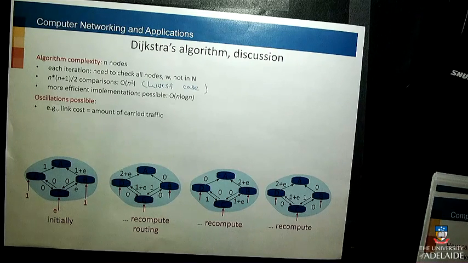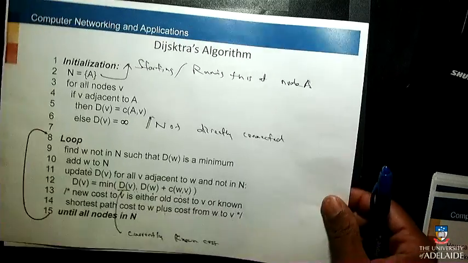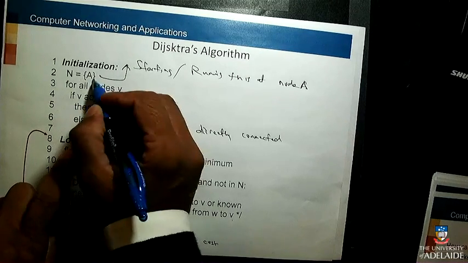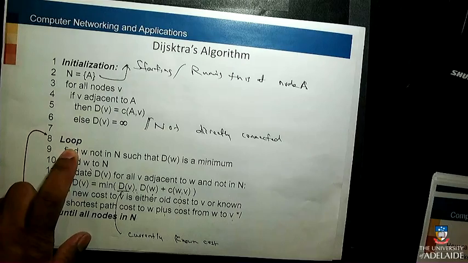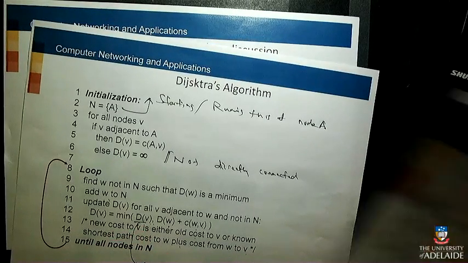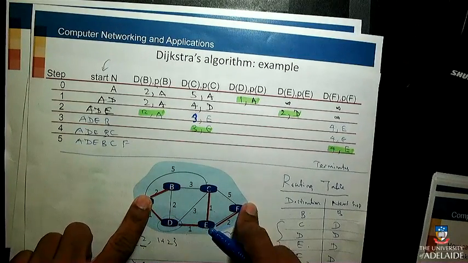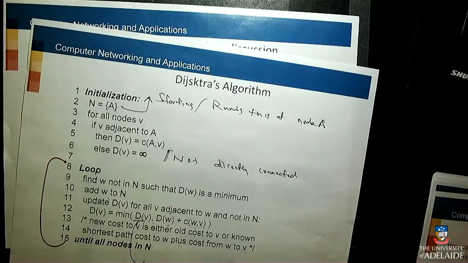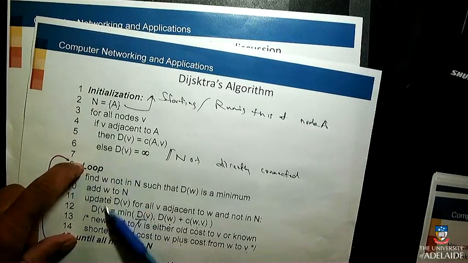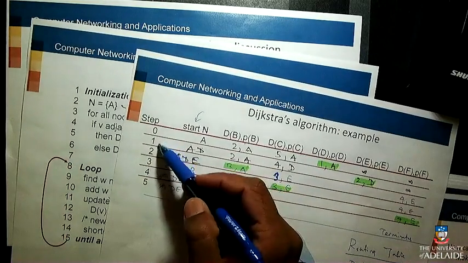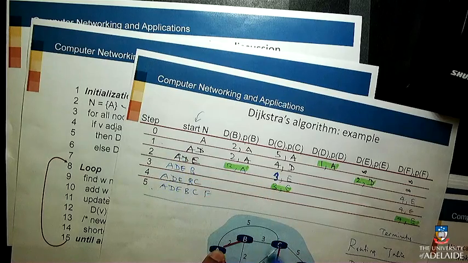Hopefully you've done this already in your data structures and algorithms. You'll see that if you start at A and you have n unknown nodes, in other words, 1, 2, 3, 4, 5 nodes for which you need to calculate the shortest path, there's a big loop which goes over all the nodes. We had 5 iterations for the 5 nodes.